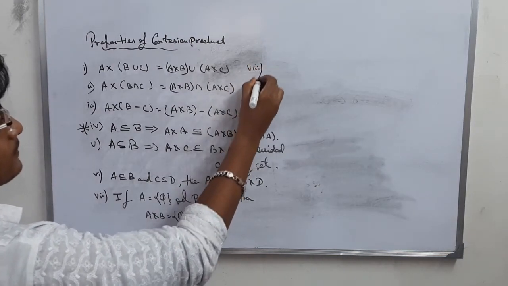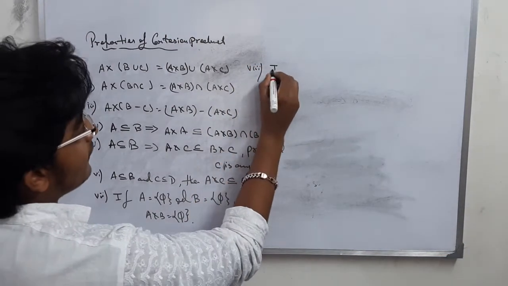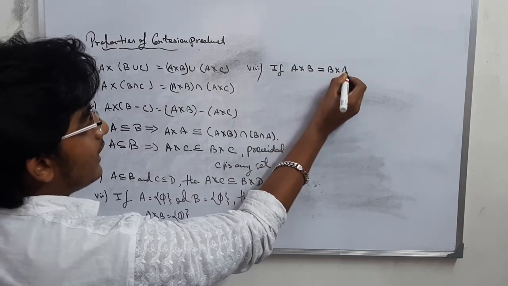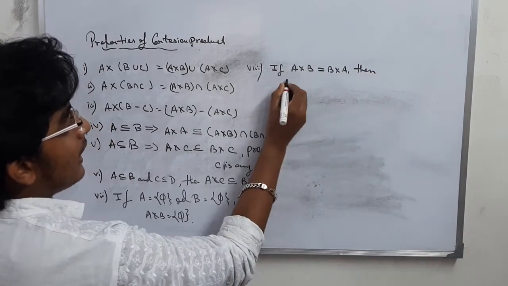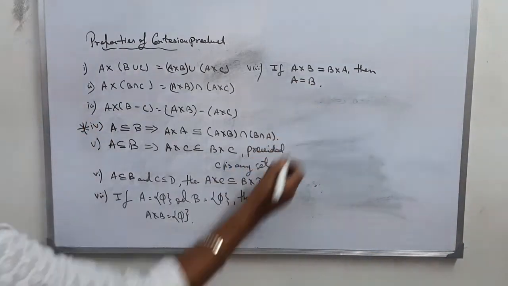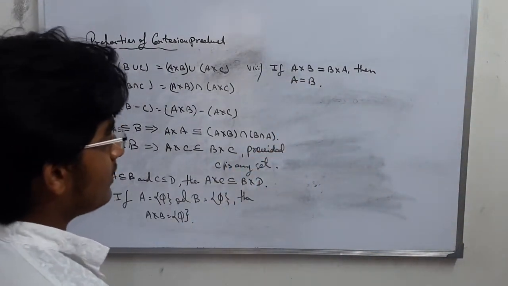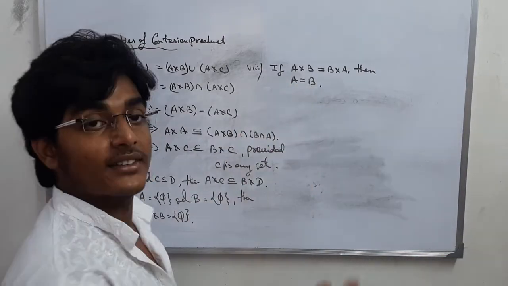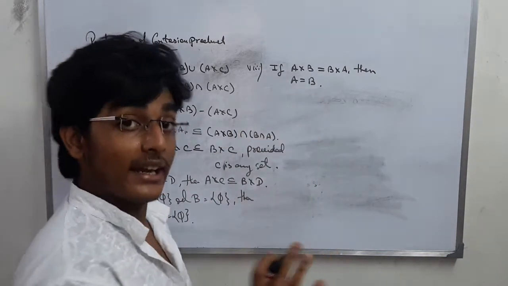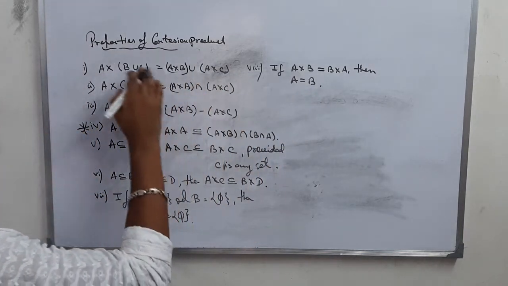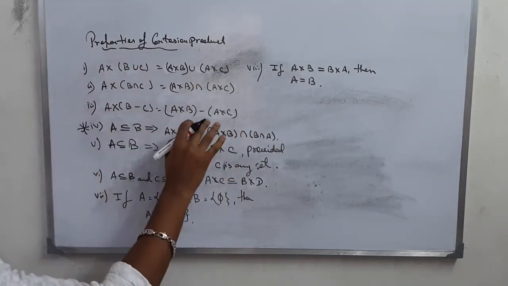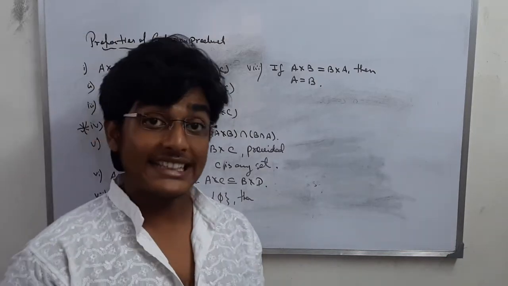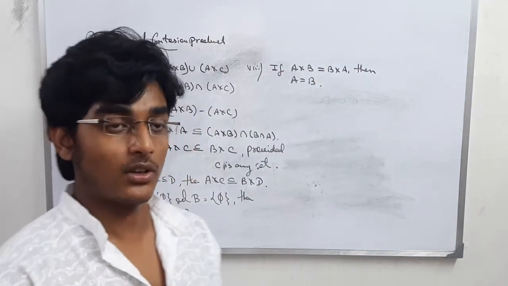Next we have, if A cross B equals B cross A, then A equals B. Also remember guys that A here is not an element but a complete set itself. In each of the cases, all the variables represented by A, B, C, D are all representing sets and not elements of the set.